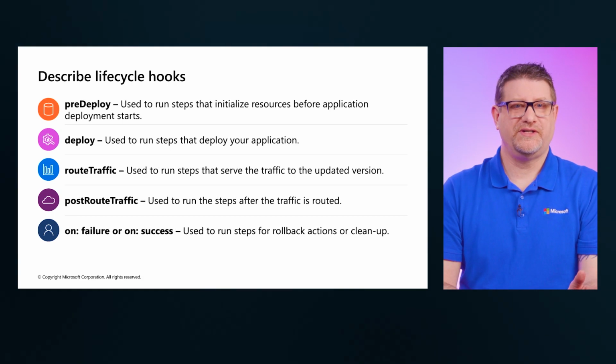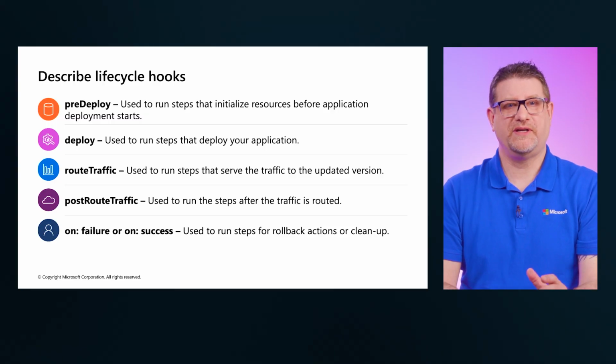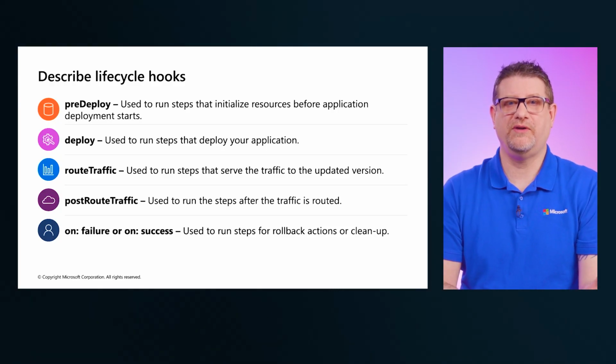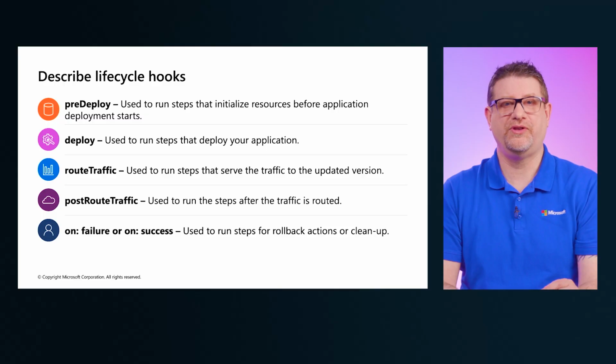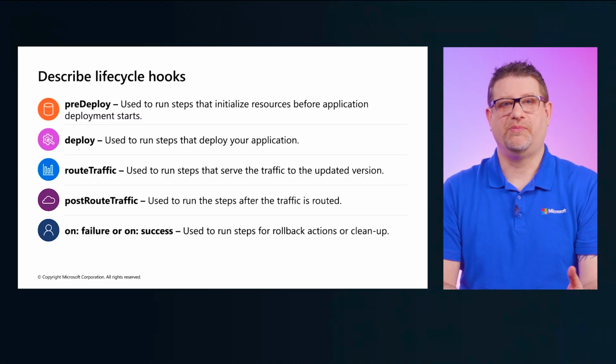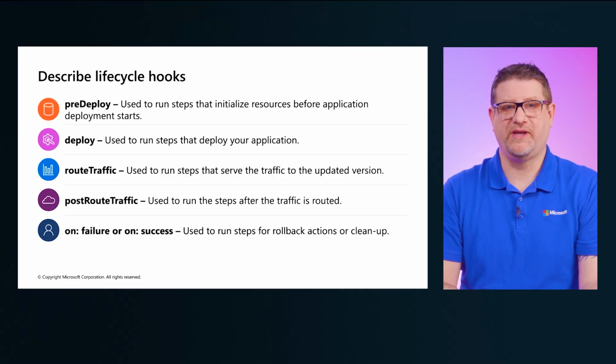The lifecycle hooks in Azure DevOps deployment jobs are special steps that automate and control each phase of the application's deployment process. So we think of them as checkpoints that ensure everything happens in the right order and with the right safeguards. For example, the preDeploy hook runs tasks to initialize resources before the deployment starts, setting the stage for a smooth rollout. The deploy hook handles the actual deployment of our application, including downloading necessary artifacts, unless we specify otherwise.